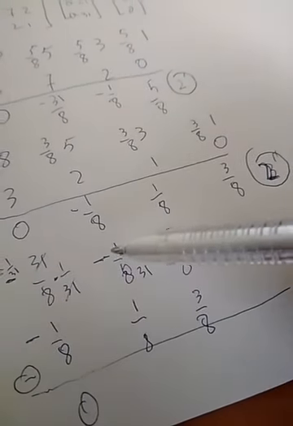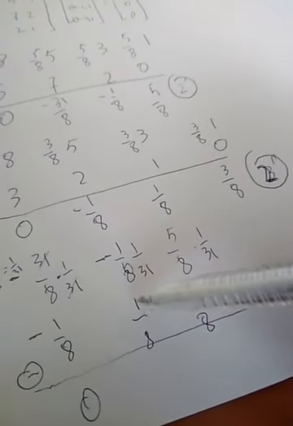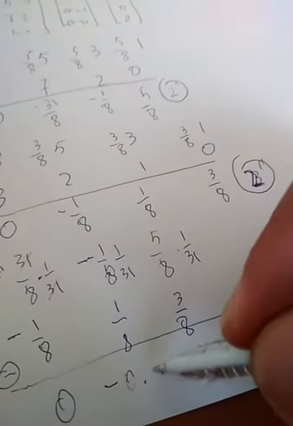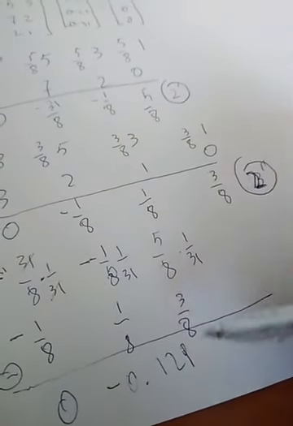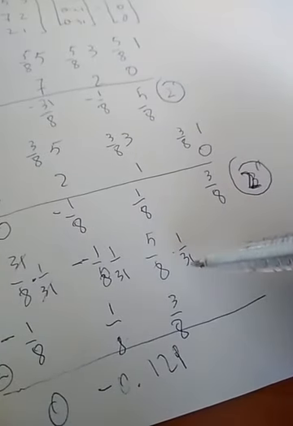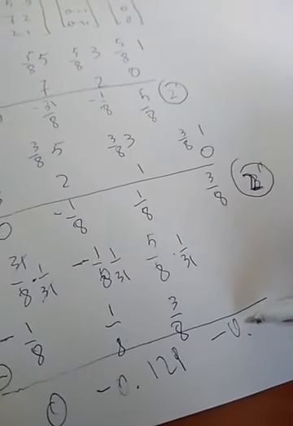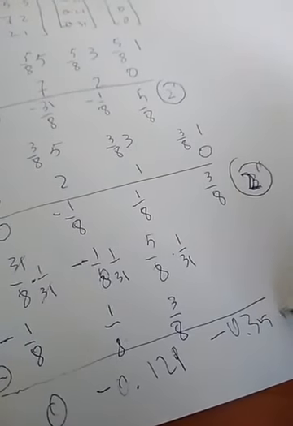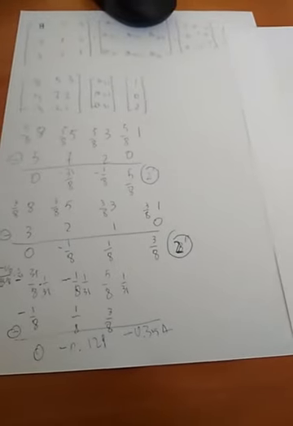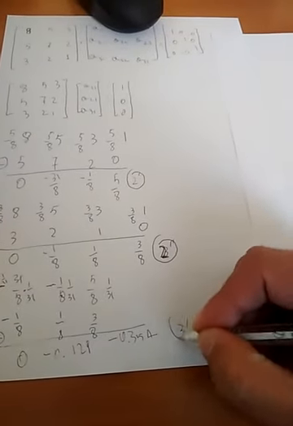Okay, so minus 1 over 8 times 1 over 31 minus 1 over 8 will give us minus 0.129, and 5 over 8 times 1 over 31 times 3 over 8 will give us minus 0.354. So we call this 3 prime.